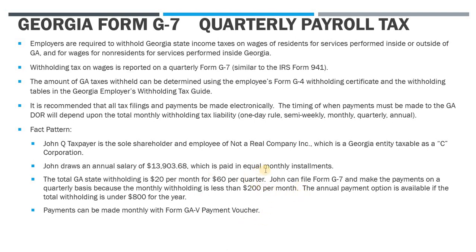And so because the amount of withholding tax is so low, John's company is going to file the G-7 and make payments on a quarterly basis, and that's because the monthly withholding is below $200. All right. Now, the payments could be made on a monthly basis. There's a G-7 payment voucher, but we're just going to be paying with the quarterly return.